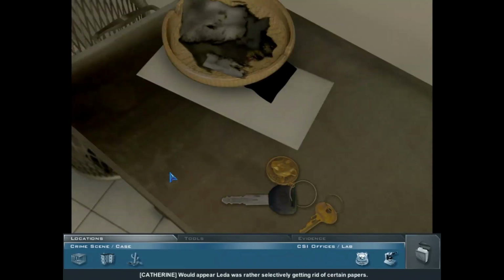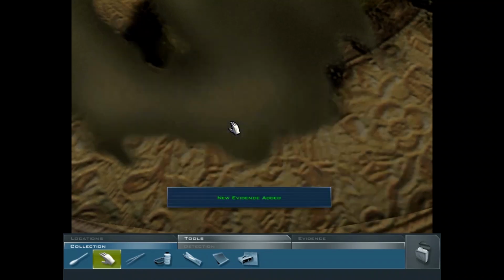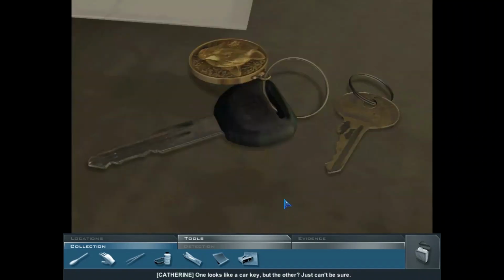Would appear Lita was rather selectively getting rid of certain papers. Not much left here. Wonder if there's anything it can still tell us. Date and page number are still visible. Maybe we can locate the original article. One looks like a car key, but the other just can't be sure.